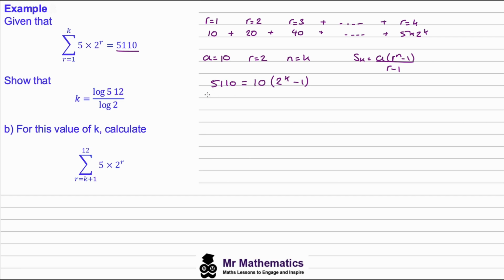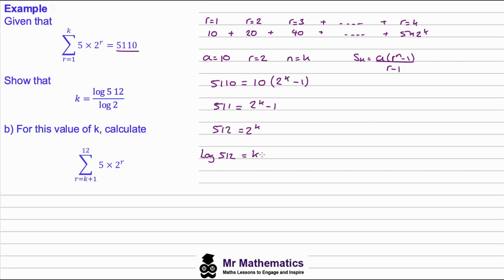So we'll divide both sides by 10. We get 511 will be 2 to the k minus 1. We'll add 1 to both sides. And then to work out k, we need to take the log of both sides. So if we take the log of 512, we can use the power rule to bring this k down.